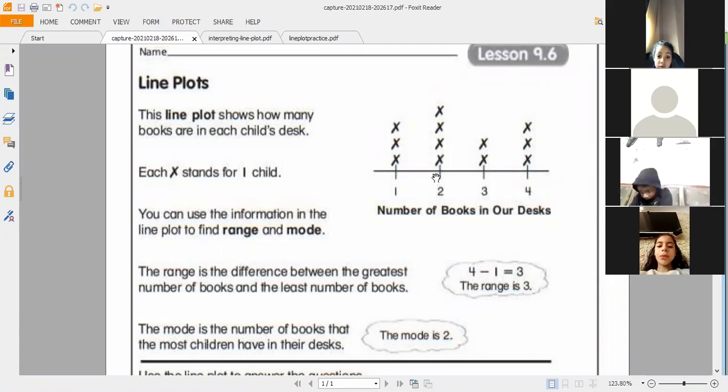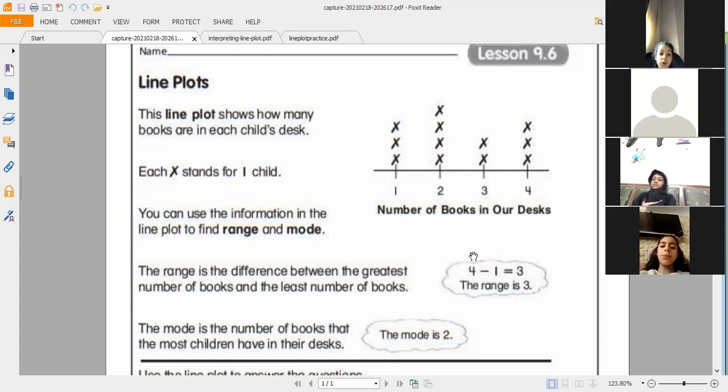4 books. This is the number of books, yes, Lara. 1 book, 2 books, 3 books, 4 books. How many children have 4 books? If you want to know how many children, how many students, you will count the plots or the X signs. 1, 2, 3.